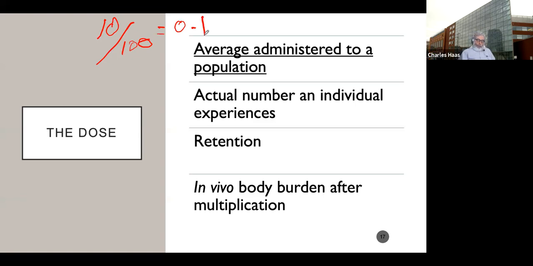We can also talk about dose as the actual number that an individual experiences. So this can be fractional, but obviously with organisms, those have to be integer.